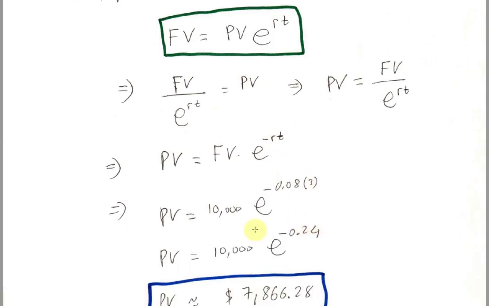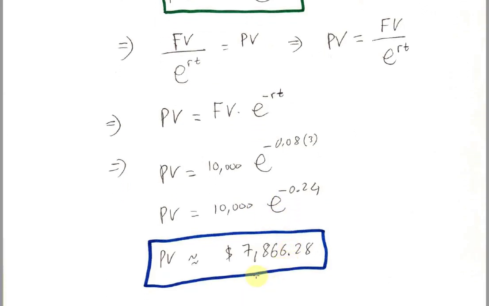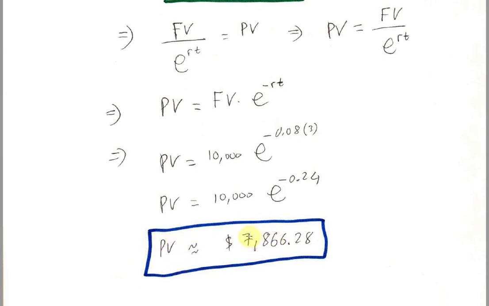So all you need to do now is plug these values into a calculator, and you should get the present value to be around $7,866.